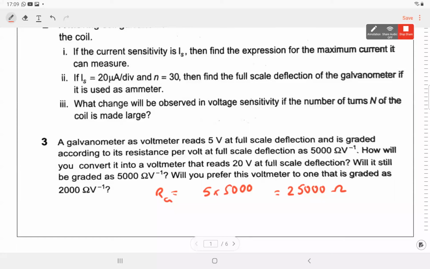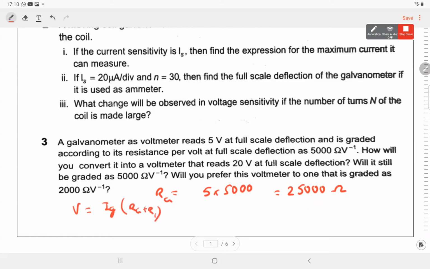Then we have to calculate IG. How will you convert it into a voltmeter that reads 20 volt at full deflection? We need 20 volt at full deflection. V is equal to IG into RG plus RS.